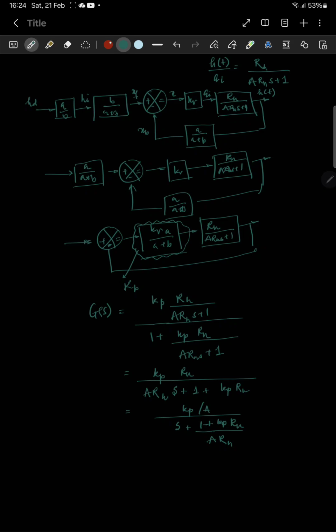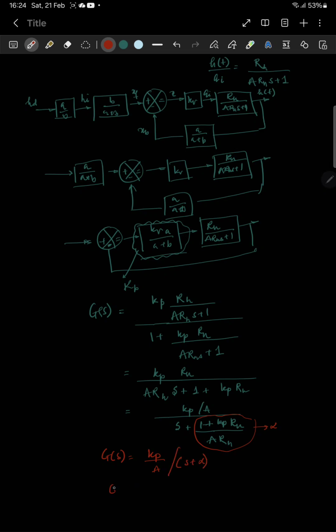Now we can call this term alpha. So we have G(s) equals Kp by A divided by s plus alpha.